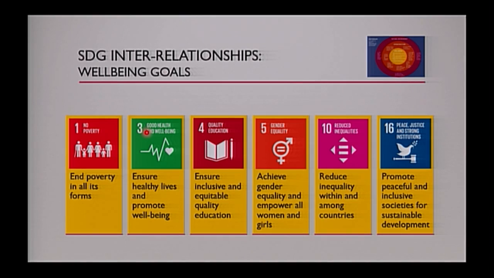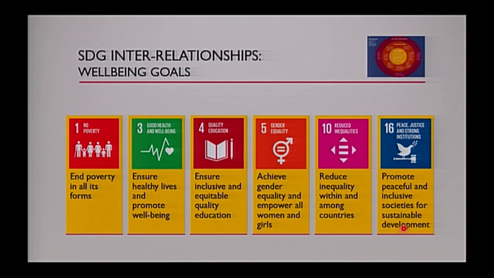The well-being goals are listed here, a little bit more easy to see: address poverty, healthy lives and well-being, inclusive and equitable quality education, gender equity, inequality, and peaceful and inclusive societies for sustainable development.